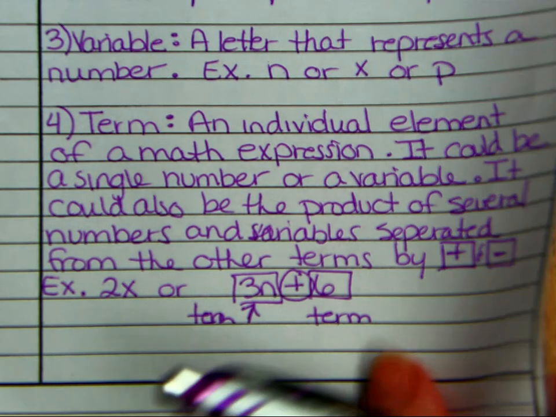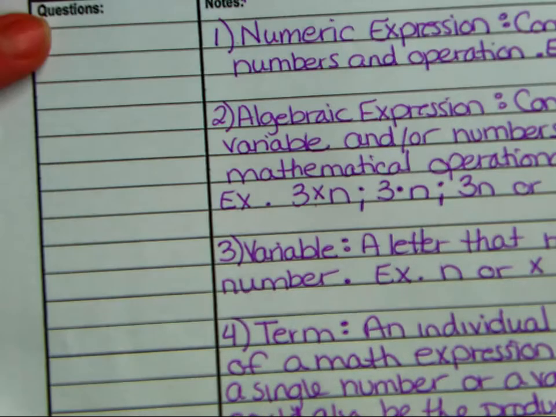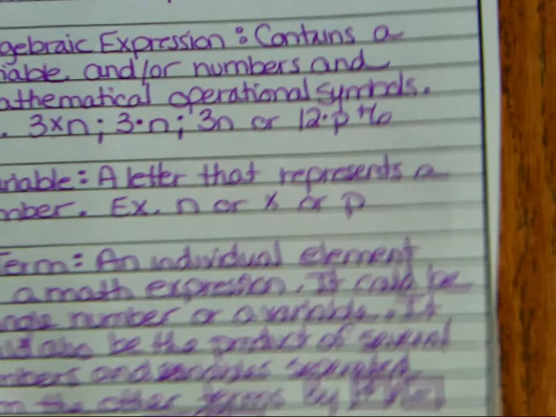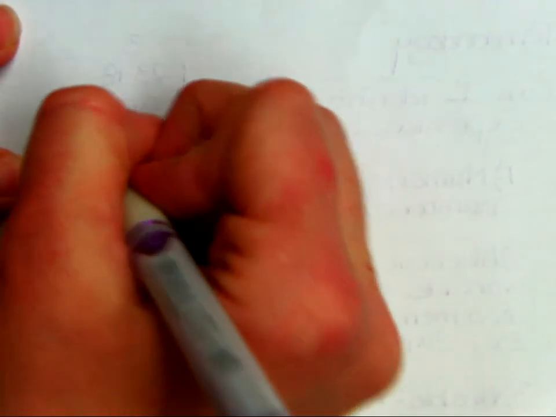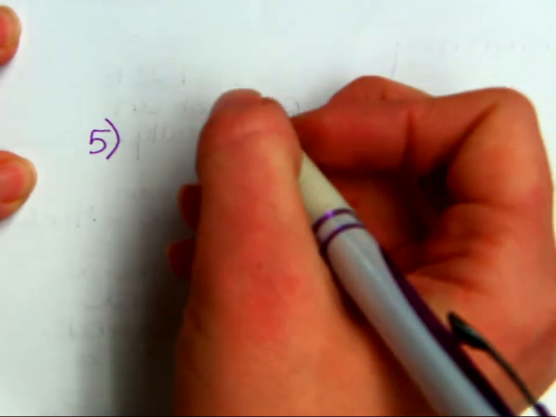Okay, now for the next part, I'm actually going to go to the back. The back of my page is blank, so that's okay. But I'm going to show you how we can add this in. And I'm going to put in number 5. Number 5 is the coefficient.